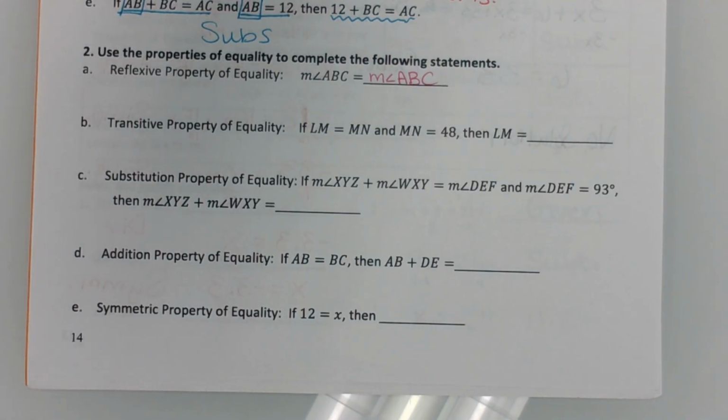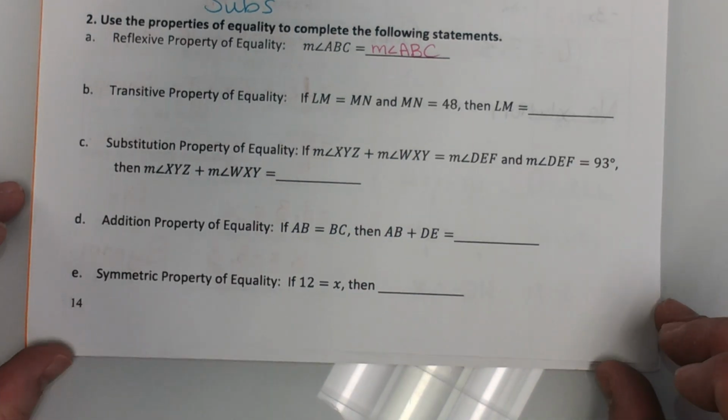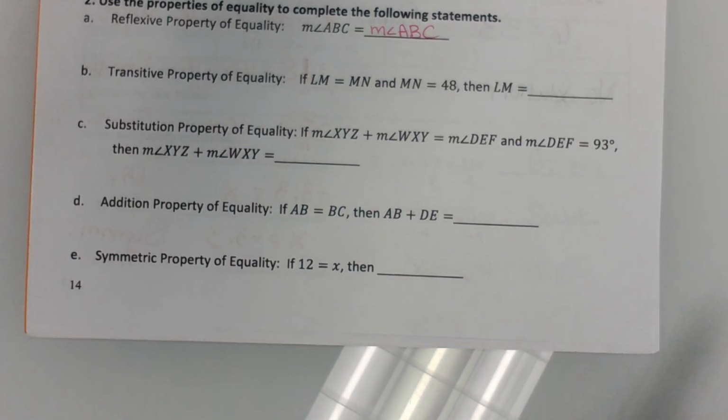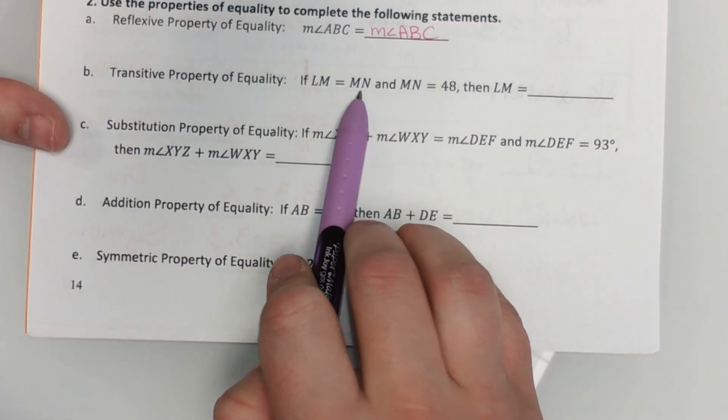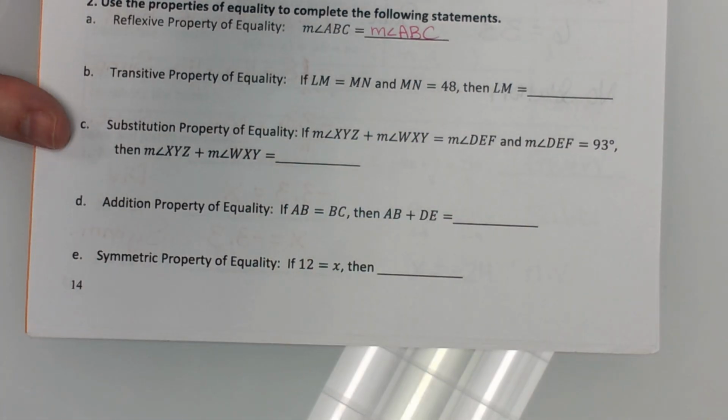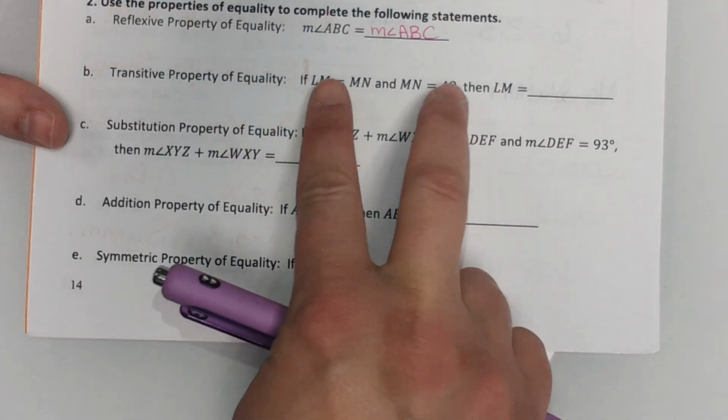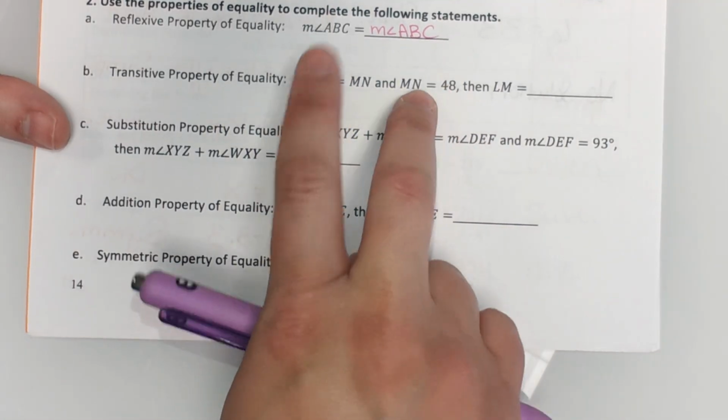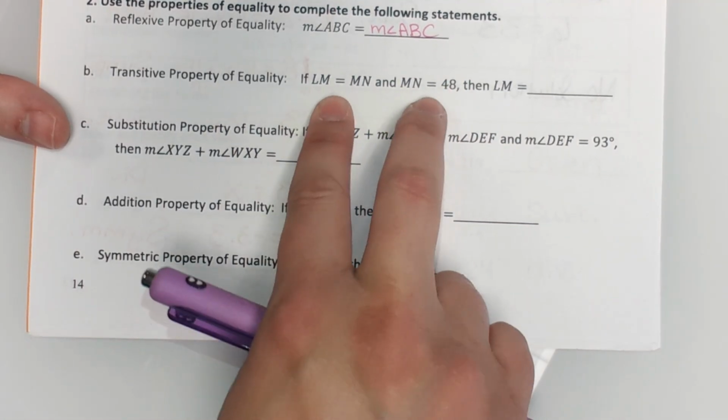The next one is the transitive property. Transitive property of equality starts with if LM equals MN and MN equals 48. Transitive property requires two things to be equal to the same thing. Here's my two equations. What do they have in common?